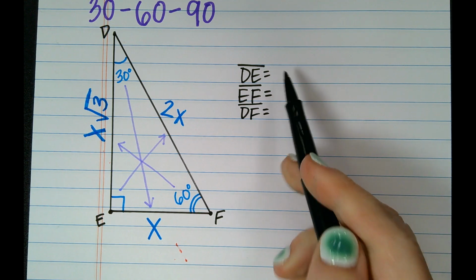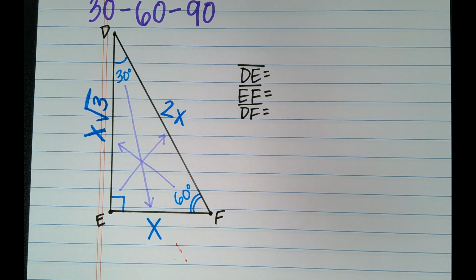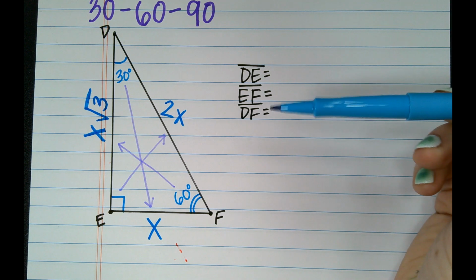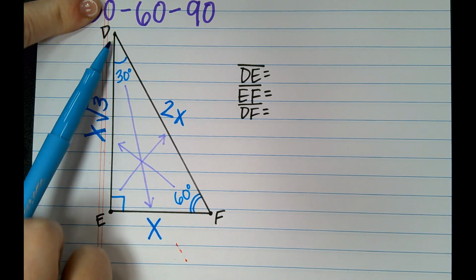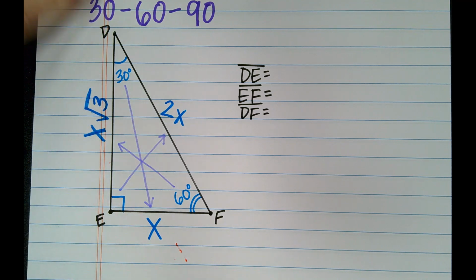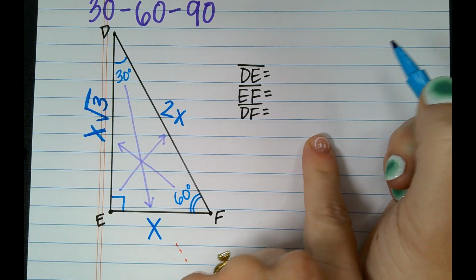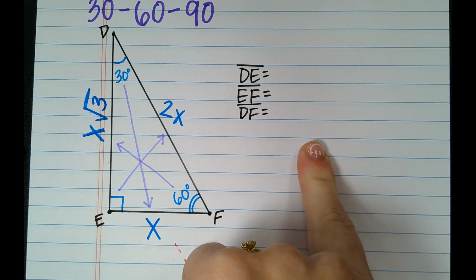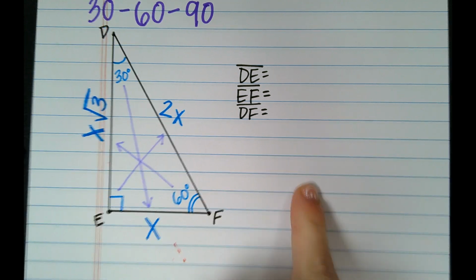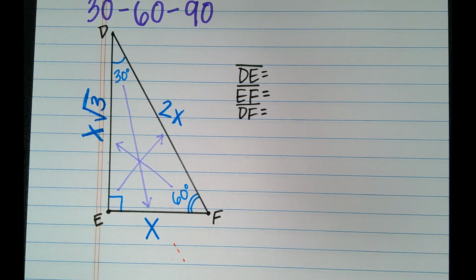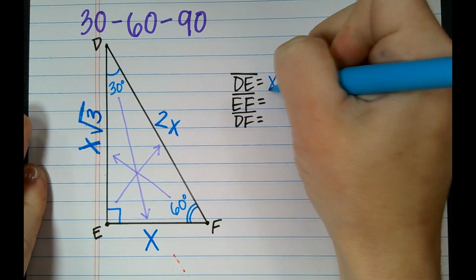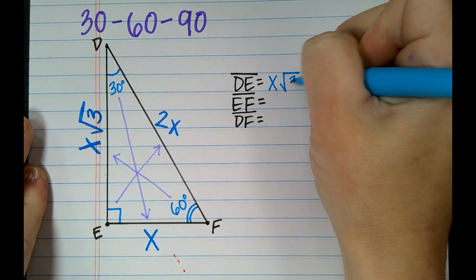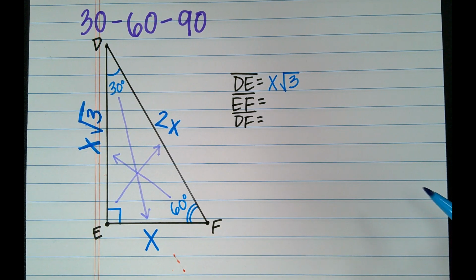We can write the correct values based off of our picture. So I'm just going to go from top to bottom. D to E is X radical 3. Everybody say that. X radical 3. Again, X radical 3. Now you. X radical 3. Okay, we're going to remember that. X radical 3 is DE.